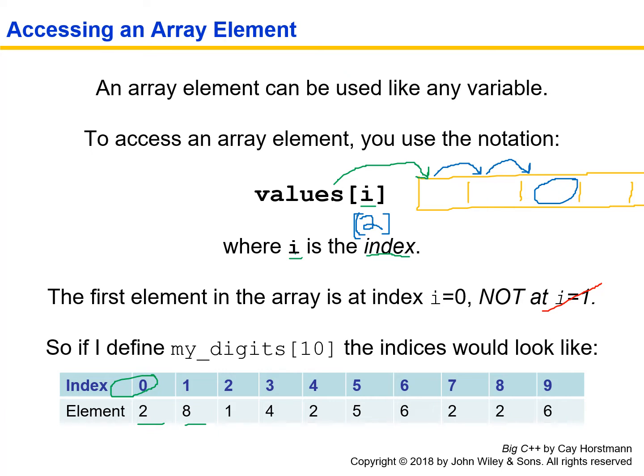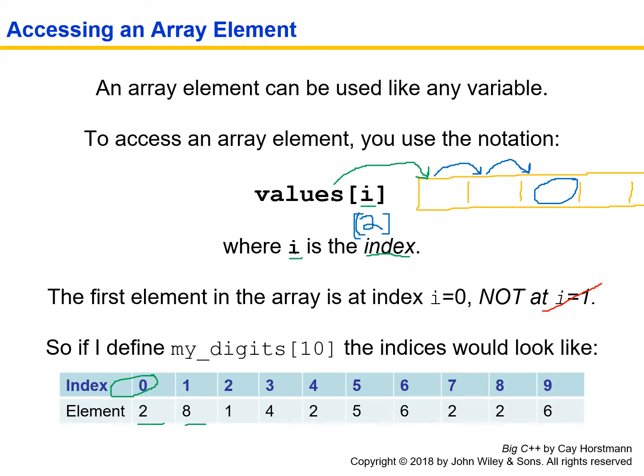If you look at this array that I've defined here at the bottom of the screen, index 0 is the first number, index 1 is the second number, 2 is the third number, etc. This may be annoying. It's particularly difficult for first-time programmers to wrap their heads around, but most programming languages work this way, and so you're just going to have to get used to it.